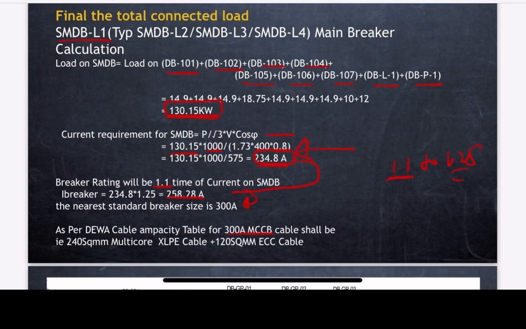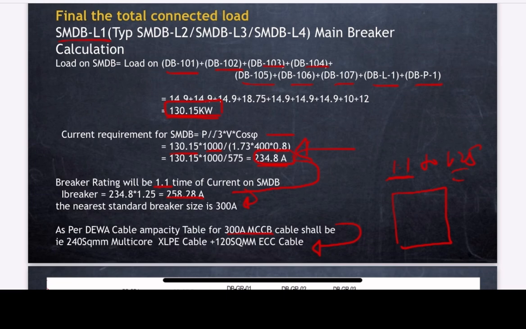We discussed in part 1 to part 8 video that there is a chart given in DEWA regulation for the breaker rating and the cable size. So we will refer to that chart, and based on that chart we will decide the cable rating or cable size. But I already made a proper video on how to calculate the cable size for a particular load.